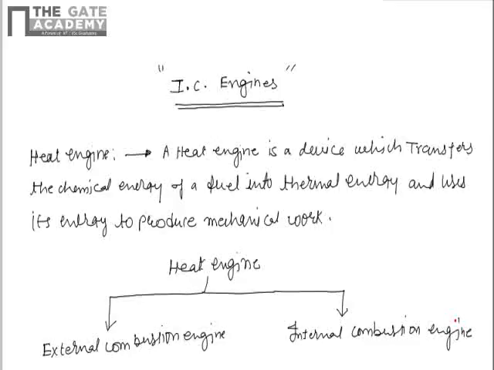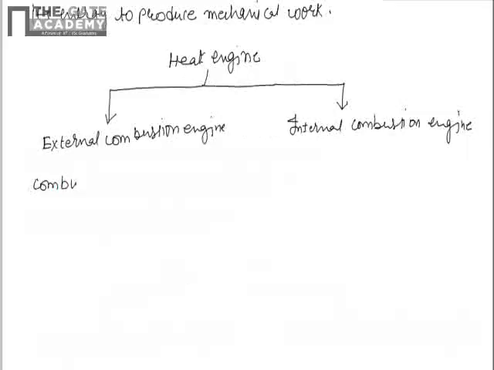By name itself we can say that in an external combustion engine the combustion takes place outside the combustion chamber, but in an internal combustion engine the combustion takes place inside the combustion chamber. So this is the main difference between them. In the external combustion engine, combustion takes place outside the cylinder.